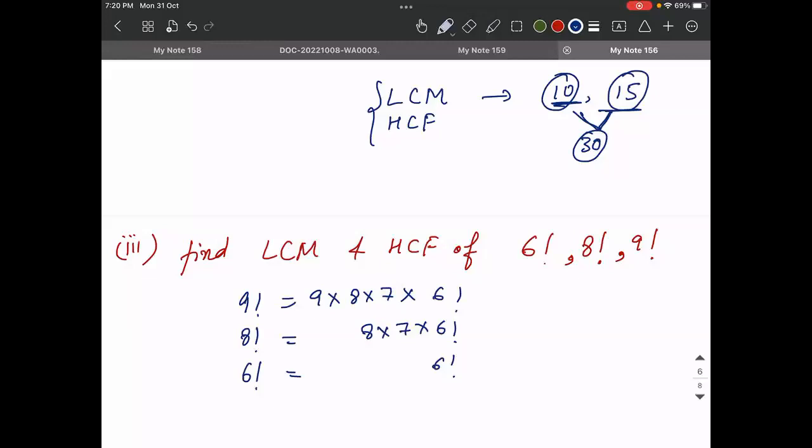Why is that? But why are you leaving 6 factorial? See, LCM of this will be what? 9 into 8 into 7 into 6 factorial, right? Is it or not? And that is equal to your 9 factorial.